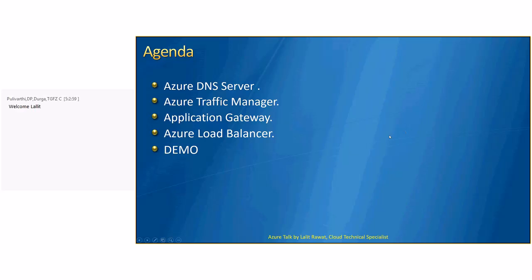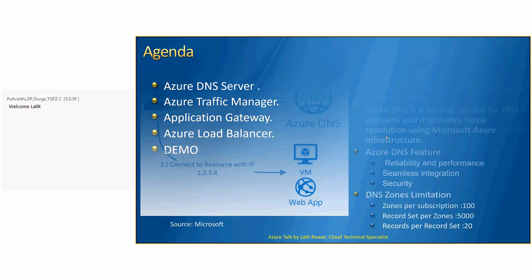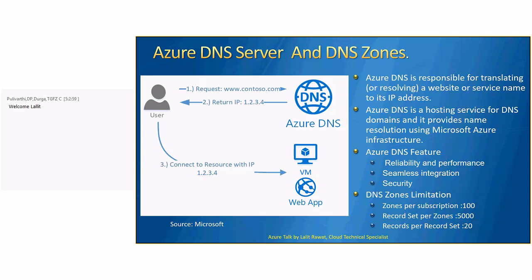I'll just start the session here, and we'll talk about what the differences are between Azure DNS and on-prem DNS, how we'll configure it, and what the possibilities, benefits, or limitations of Azure could be. So basically, Azure DNS, as the name suggests, is a DNS name server which is used to resolve host names to IP addresses, or websites over the public IP address, and it is hosted in Azure.